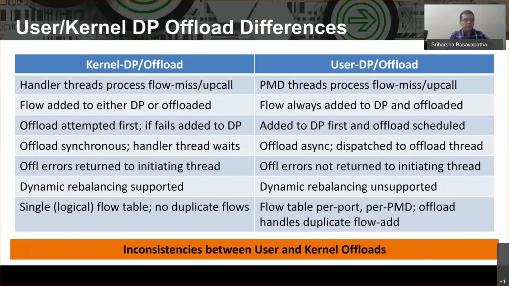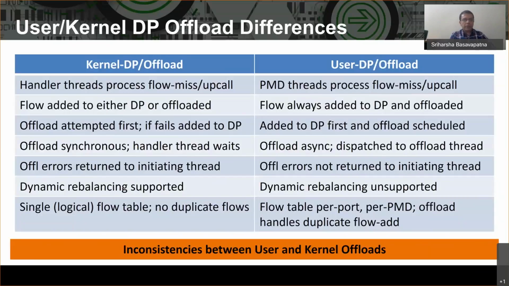In kernel mode, the offload is synchronous. Handler thread waits for the offload to complete. In user mode, as we saw just now, the offload is async. It is dispatched to an offload thread. Offload errors are returned to the initiating thread in kernel mode. In user mode, today, there is no such facility to propagate the errors back. Dynamic rebalancing is supported in kernel mode, and user mode lacks dynamic rebalancing support.